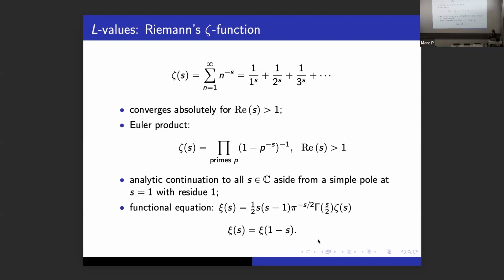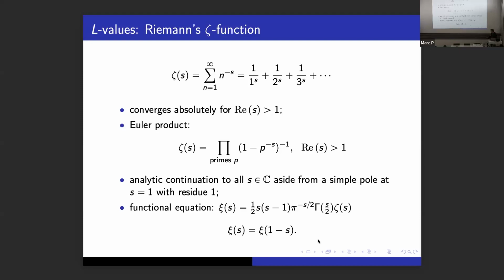And there's even more structure if we make a slight modification, which will be important: some gamma factors and a few other things. This modified function, xi of s, satisfies a very simple functional equation relating xi of s to xi of 1 minus s.